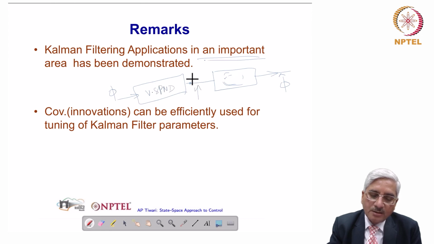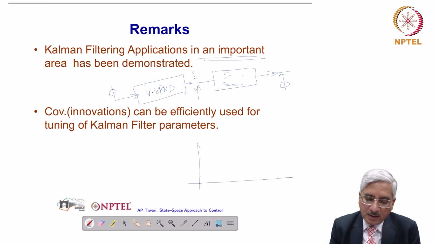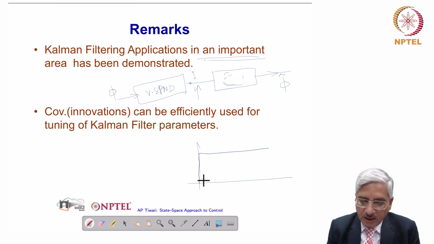At this point, the current of the Vanadium SPND is delayed. So for example, if phi changes like this, the current I is characterized by a huge delay. It will not rise immediately. It will have a delay, and it will rise to that value characterized by this time constant of 300 seconds.